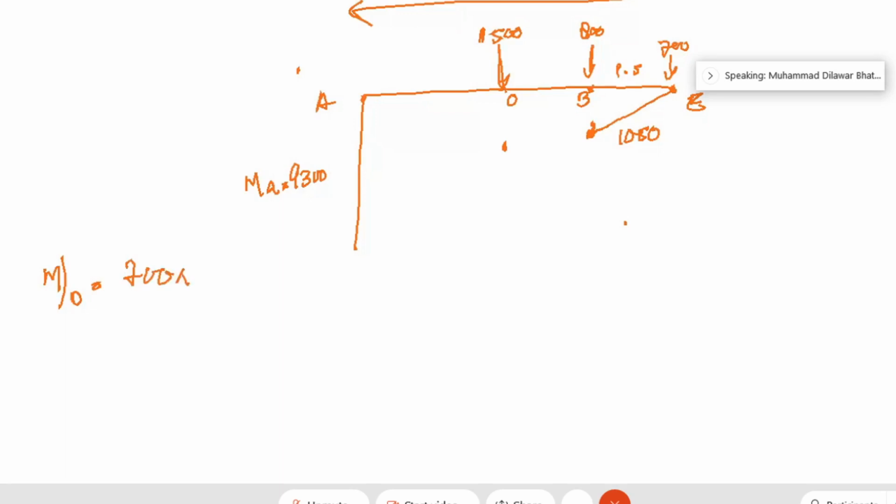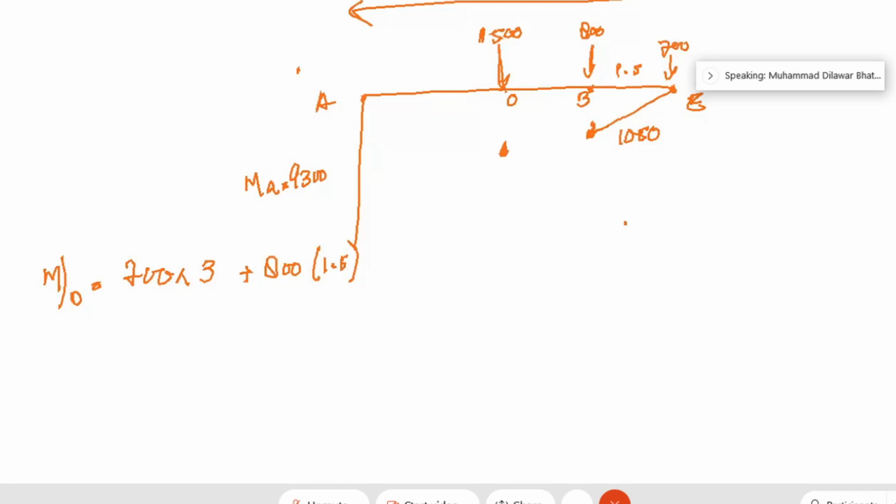How much is distance? Distance is 1.5. Okay. And plus we have a moment of 800, it is in downward direction, 800 into 1.5. This is your moment at point D.